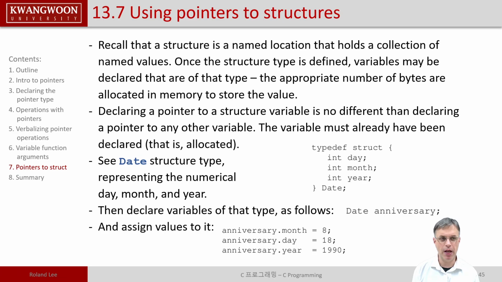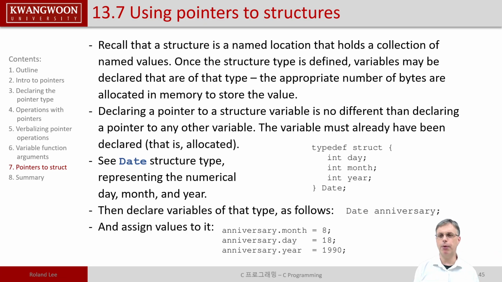Declaring a pointer to a structure variable is no different than declaring a pointer to any other variable. So that variable must already have been declared, that is allocated. The pointer address is the first byte allocated to the structure, just as for any other variable.